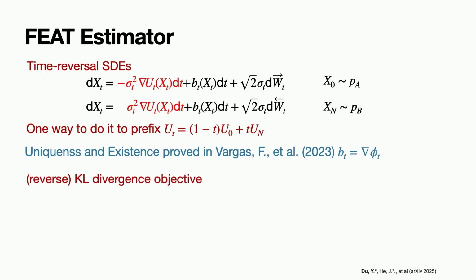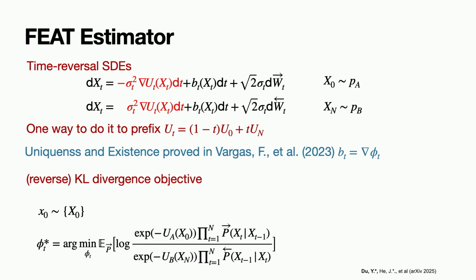And with this in mind, we can already write down an objective because our favorite objective in machine learning is KL divergence, right? So we can write the KL divergence objective, where we have some samples from X0, from one side of the boundary. Notice here, I only need samples from one boundary.